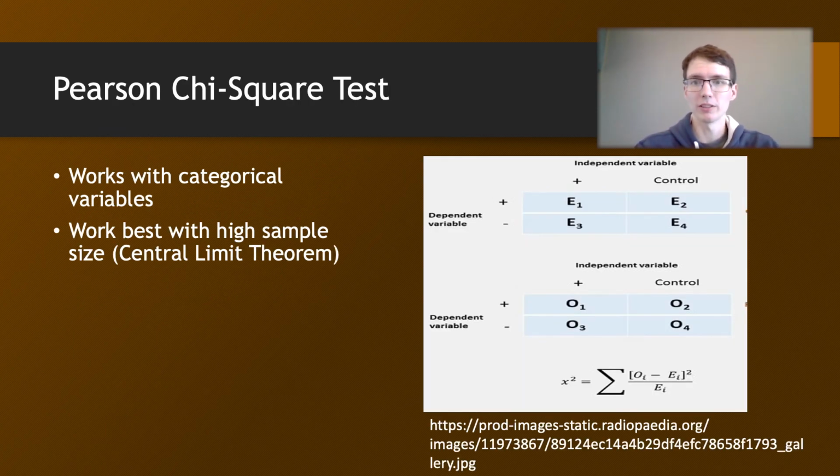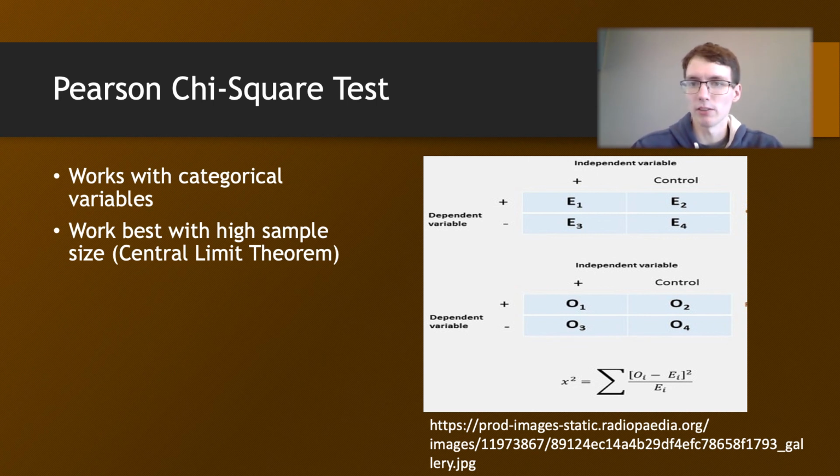Now I'll go over a quick review of the three different tests that have been identified by Randolph and Deal. The Pearson Chi-square test works primarily with categorical variables and with a high sample size. However, the central limit theorem helps with the high sample size by making it normal. That's the main requirement of a large sample size. And this figure on the right essentially shows what's going on.